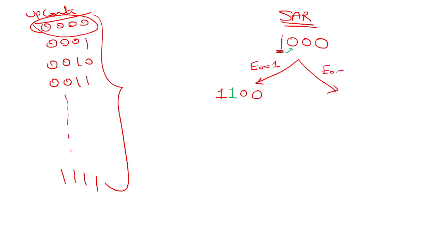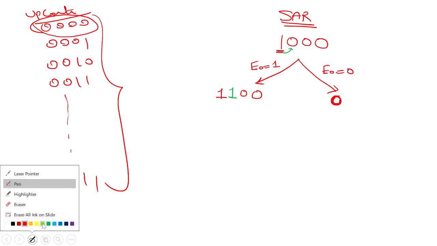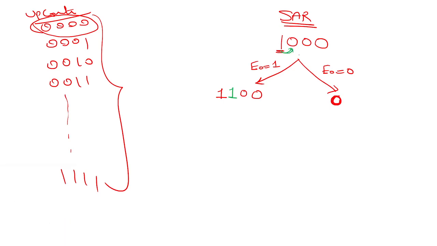Suppose if E naught is 0, what happens is this will make the MSB to be 0, make the next MSB 1, same thing. That's it.